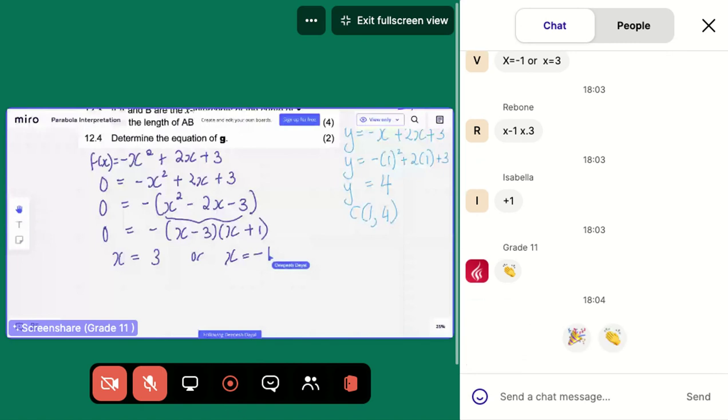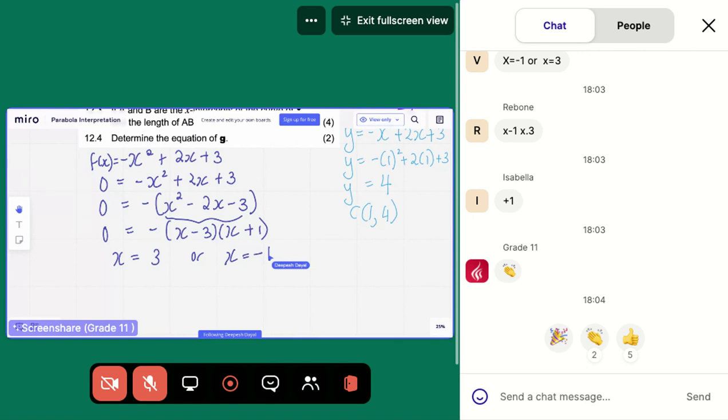You can just show me a thumbs up if you're on the same page, or you can type in the chat if you need a further explanation. Okay, everybody's factorizing. I'm glad.